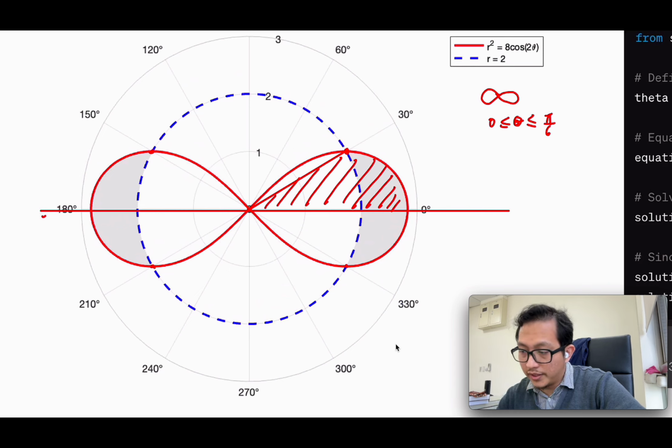Now I will change the color, and let's focus on the second polar, r equal to 2, which is a circle with radius 2.